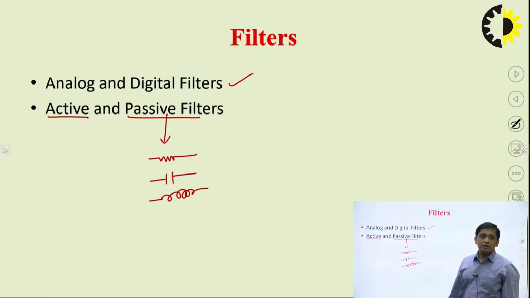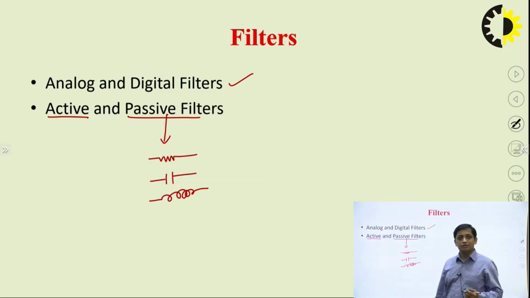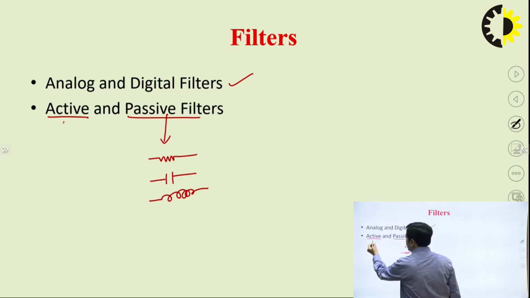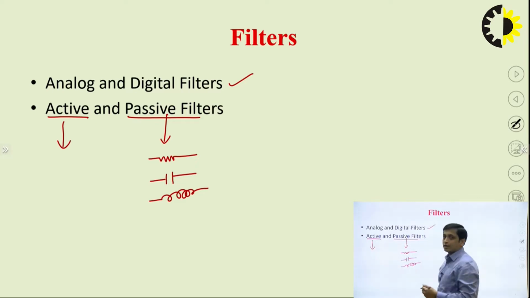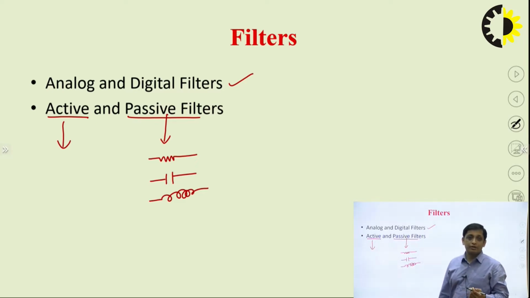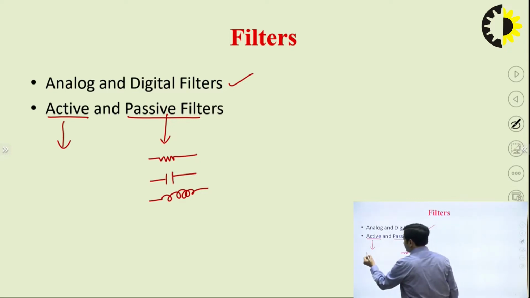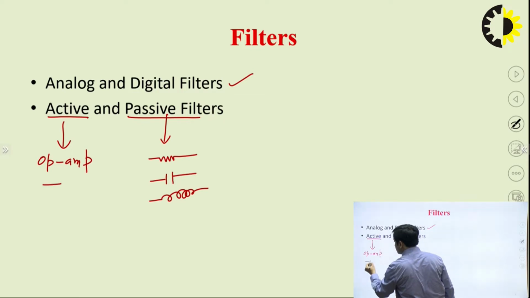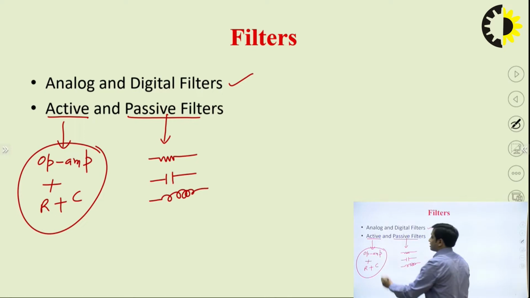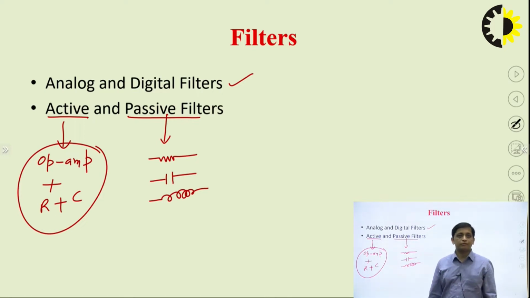If any filter is made up of only these passive elements R, L, C, then these filters are called passive filters. Active filters use active elements. For example, one of the active elements is the op-amp. Along with the op-amp in an active filter, we also use resistor and capacitor. But the op-amp is the most important part of an active filter.